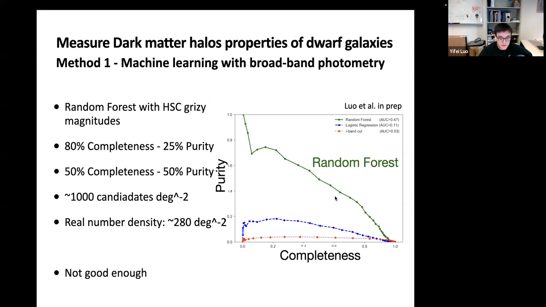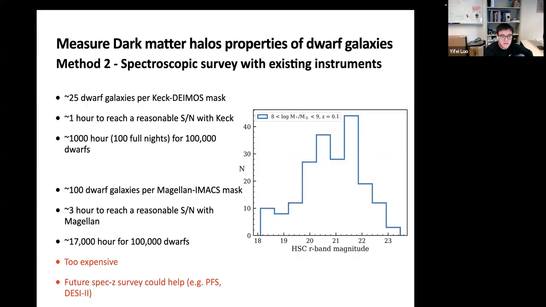By the way, this is a random forest, but I also tried some fancier algorithms like a CNN or DNN, deep learning or imaging-based deep learning techniques, but it's not improving a lot. So basically, we think machine learning is not good enough. So how about the spec-z survey, or spec-z follow-up?